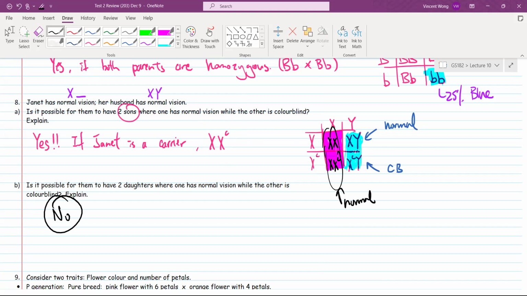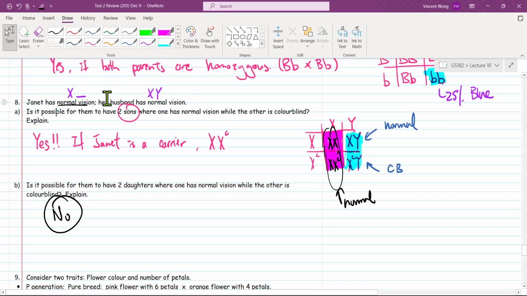We're not going to try XCXC because she has normal vision. It's impossible for her to be XCXC. In fact, if you take this a step further, a father with normal vision will never have a daughter that has color blindness, regardless of who the mother is.